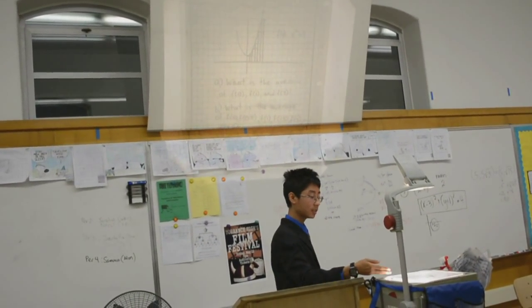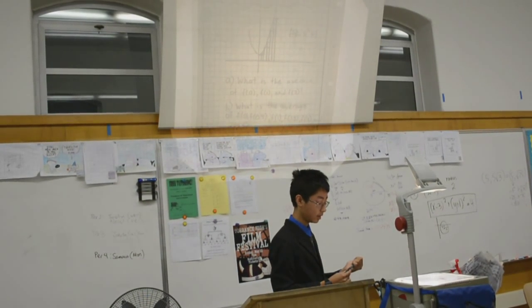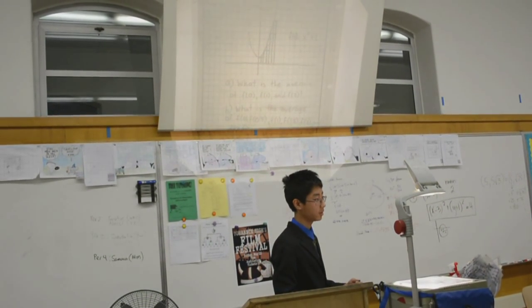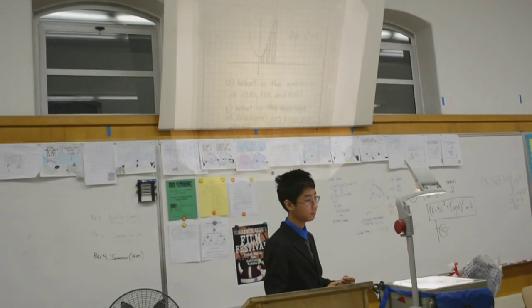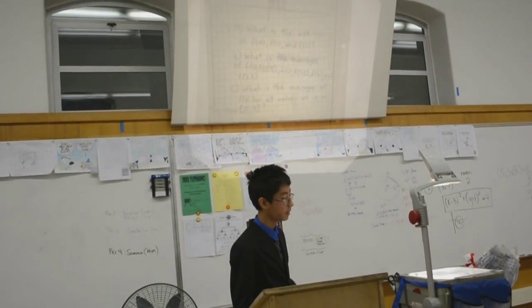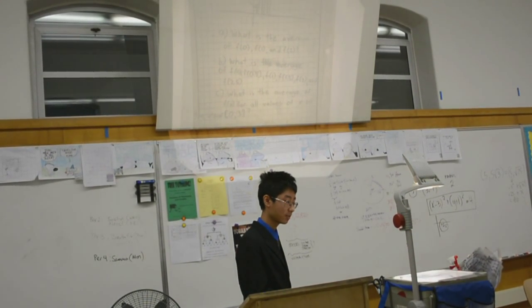Now, question C takes this Riemann sum to infinity, an infinite number of subintervals. And what is a Riemann sum when you take it to infinity? Okay. Well, if you take a Riemann sum to infinity, you get an integral.